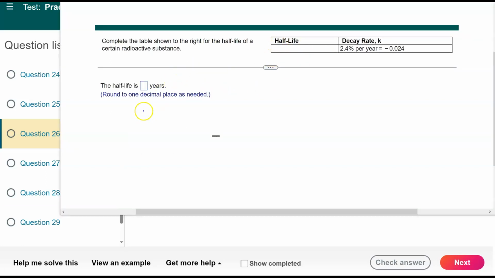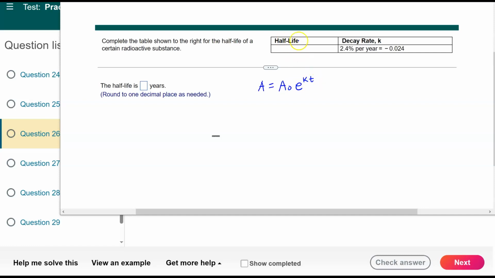So now to solve this, we are going to use the model A is equal to A sub 0, that's the initial amount, e to the kt. Now K here is the decay rate and A sub 0 is the initial amount and t is the time.